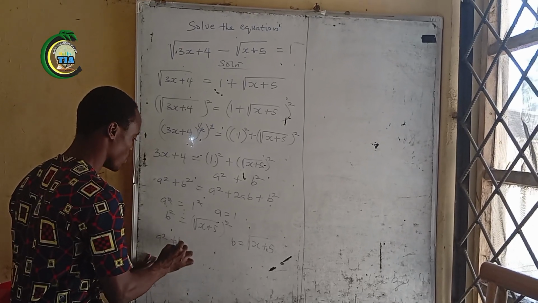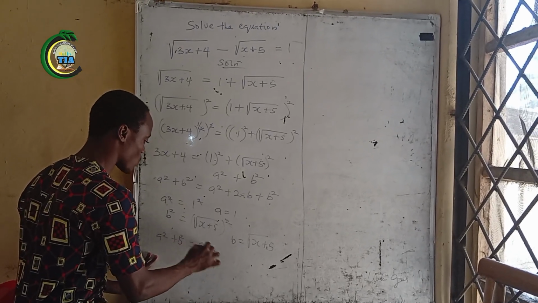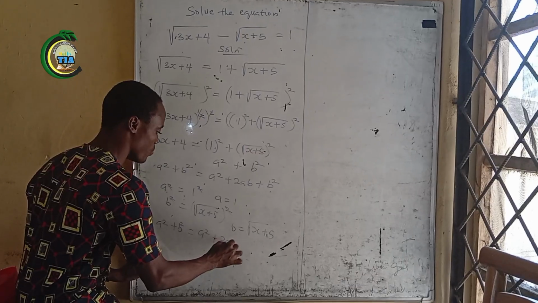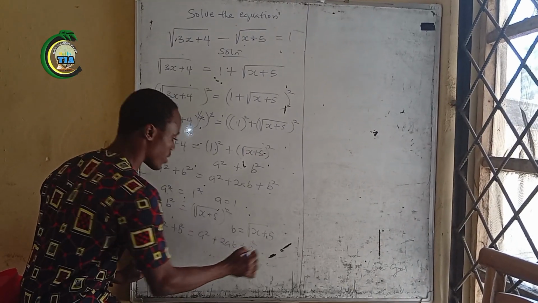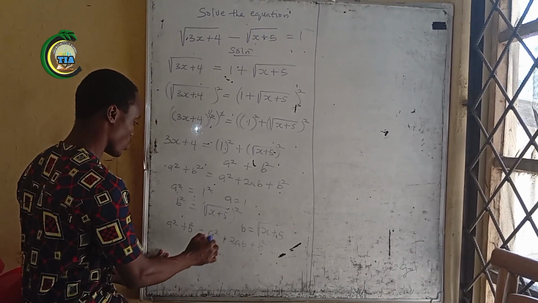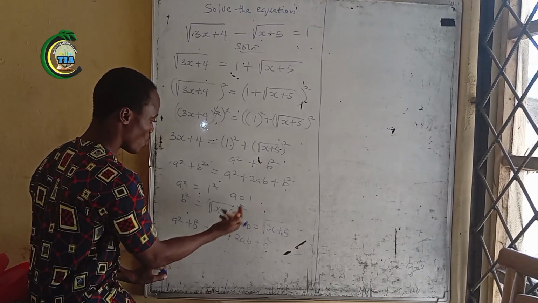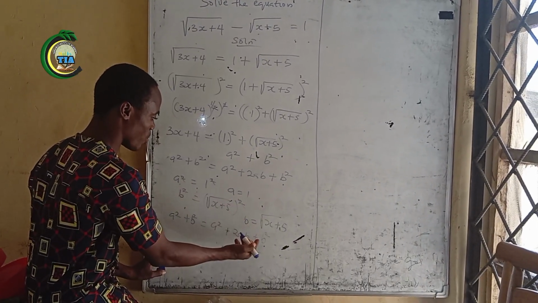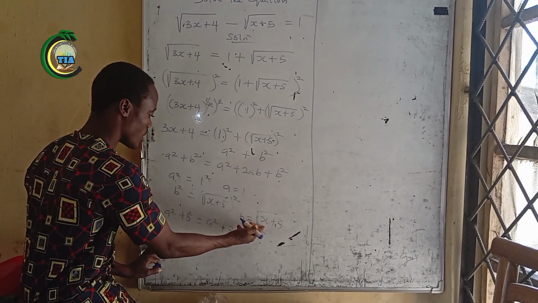So we recall that a plus b all squared is equal to a square plus 2ab plus b square. So wherever we see a, we put 1, and whenever we see b, we put this one.